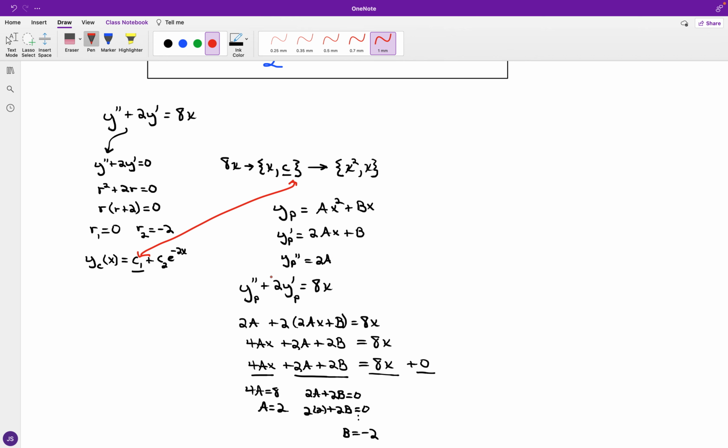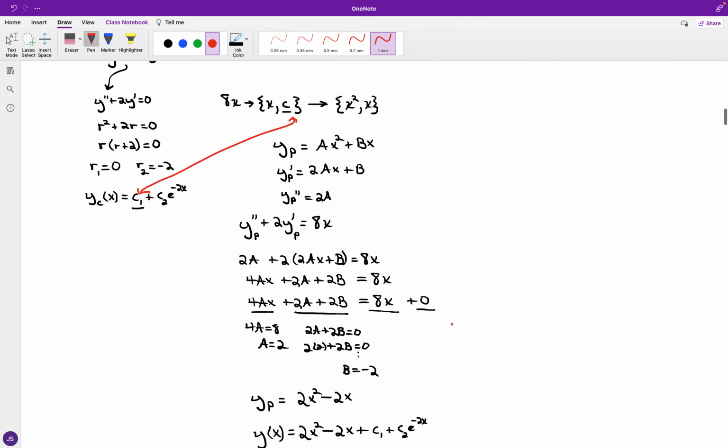Then substituting and putting this equation in terms of the particular, we have y sub p double prime at 2a, plus 2 times the first order derivative of y sub p, which is 2 times the quantity of 2ax plus b, equal to 8x. Looking at the corresponding parts, 4ax and 8x map together, so we have 4a is equal to 8 and a is equal to 2.